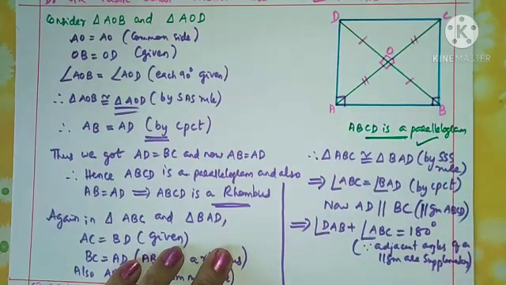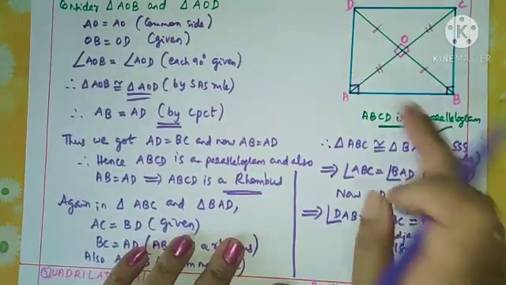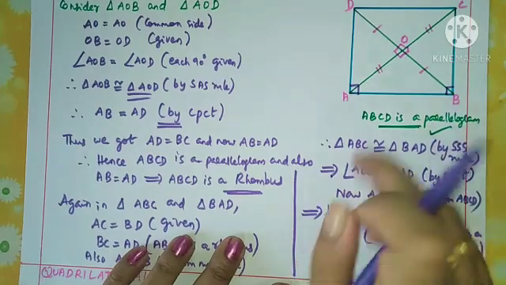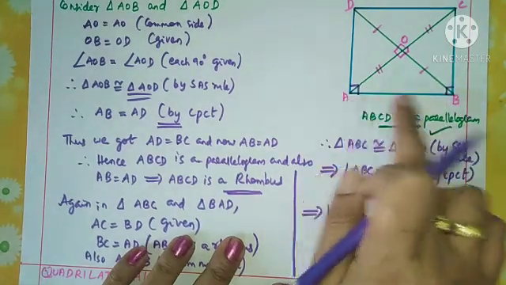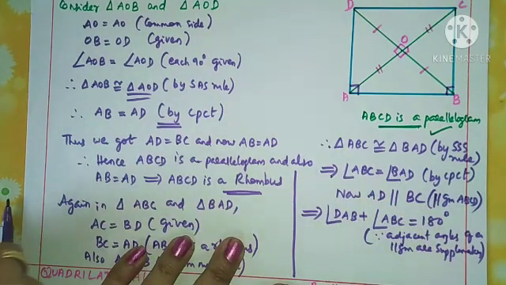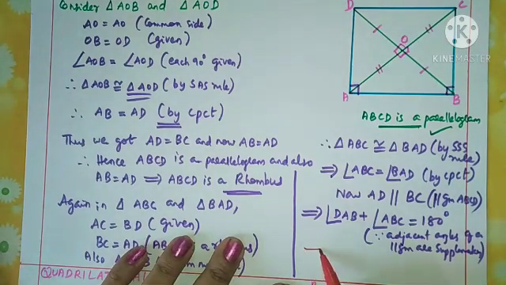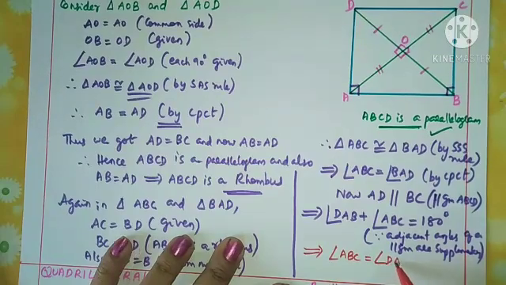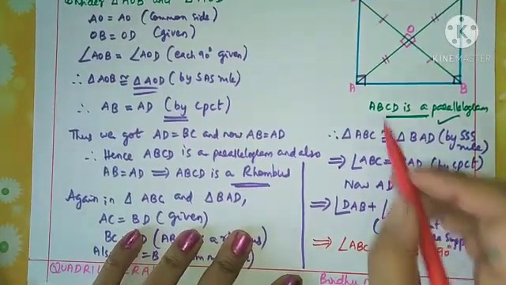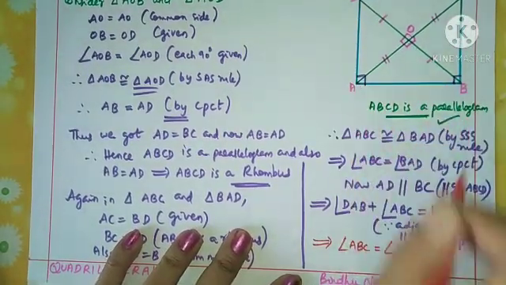Yes, they have to be each 90 degrees. 90 plus 90 is 180 because they are equal and they form 180 degrees. So what is the conclusion here? This implies angle ABC is equal to angle DAB equal to 90 degrees. Thus we got each angle as 90 degrees.